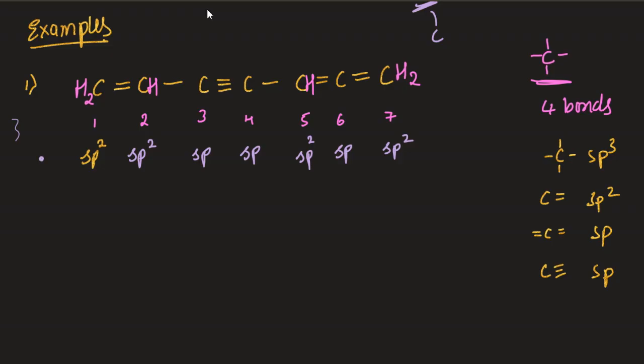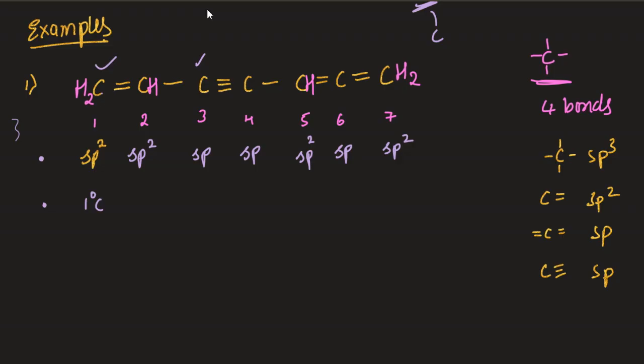Next, the next point is you have to identify whether it is a primary, secondary or tertiary carbon. The first carbon is surrounded by only one carbon, so it is called a primary carbon. The second carbon has two carbons, left and right, with nothing on top or bottom.